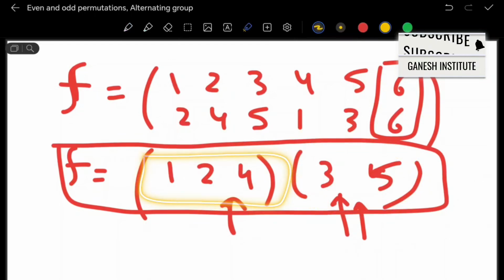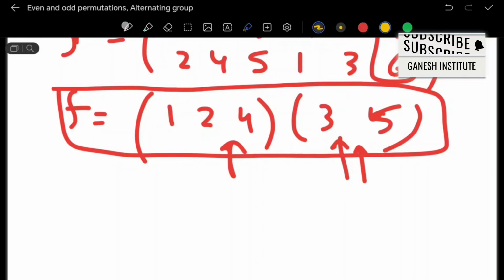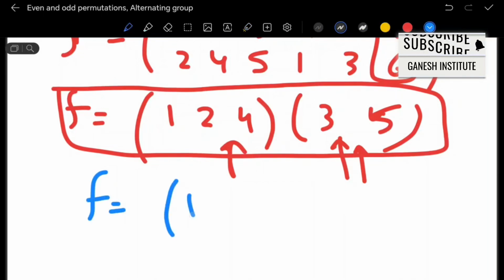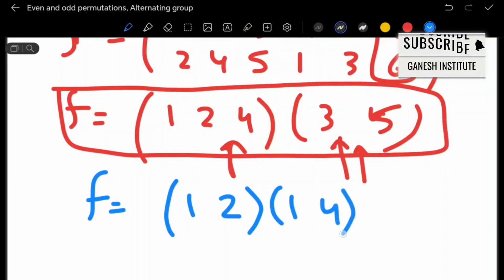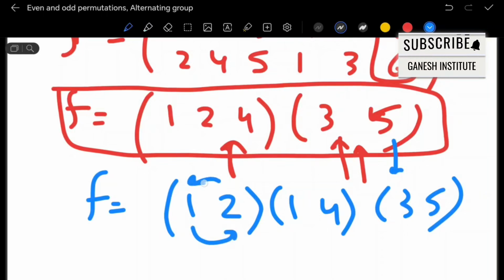Can I break it into a product of transpositions? Let's try. I am writing it as (1 2) then (1 4), and the rest as it is. You must be wondering that this means 1 is connected with 2 and 2 is connected with 1, but this is not the case here.